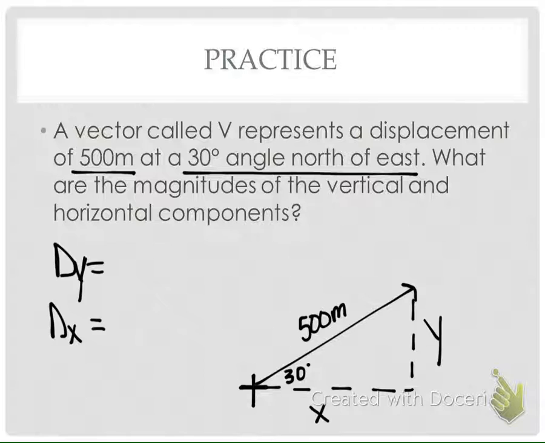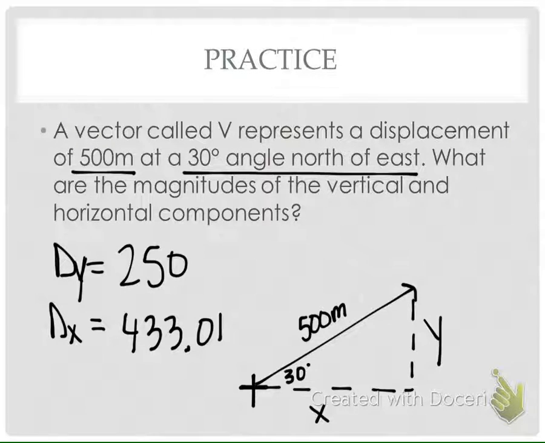I got 433.01 meters. For your y, I think it should be smaller than that. Okay, 433 point. Okay, and what about y? 250. Okay, so as we look at it, we've got a relatively small angle here, right?